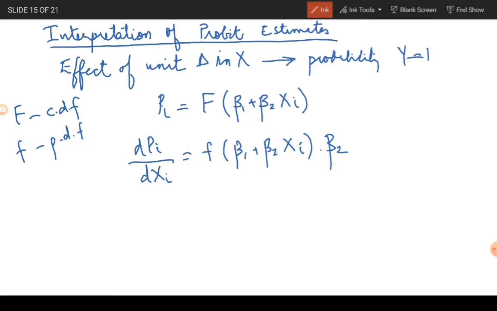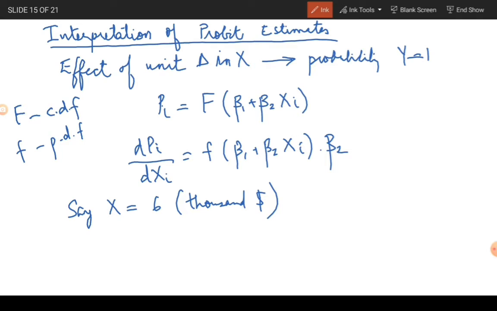the change in probability of owning the house due to a unit or due to a small change in the income of the family. Once you have run the regression, the values of beta 1 and beta 2 you can get directly from the output table. And for xi, for example, say the value of family income is equal to 6, and in this example that is there in the book, it is in thousands of dollars.